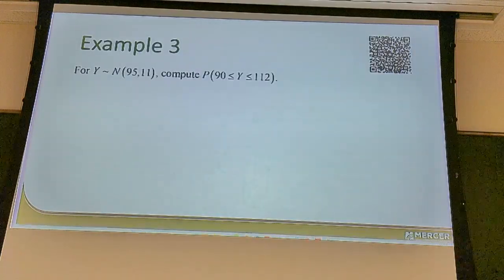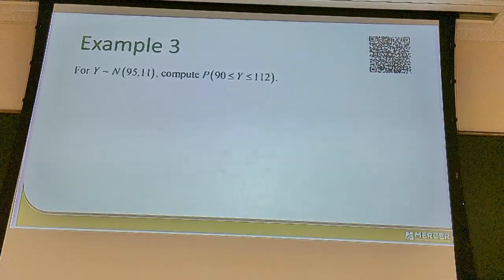Next two examples are going to be using the calculator. So we have a random variable normally distributed with mean of 95, standard deviation of 11. We want to find that probability.